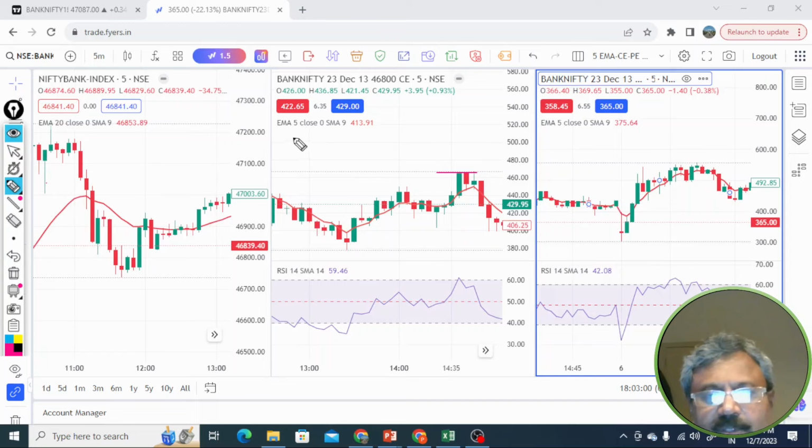See, something like this. 5 EMA drops down like this, and when it tries a trend reversal like this, whenever you get a candle close above 5 EMA, you can take a trade on this.